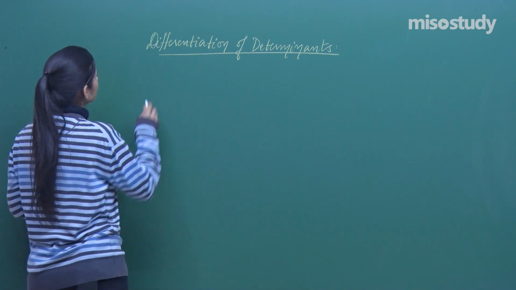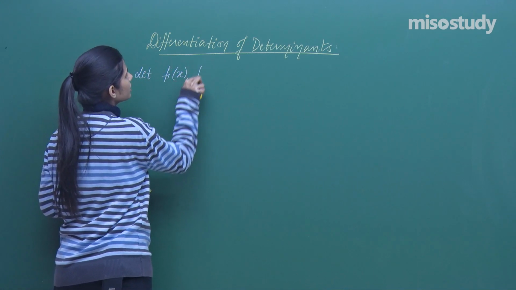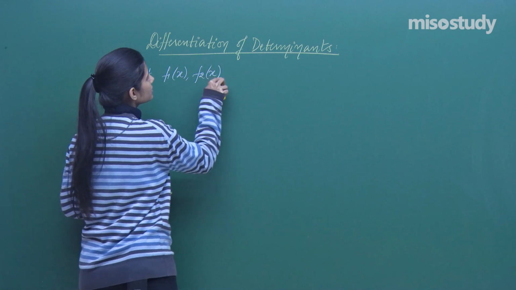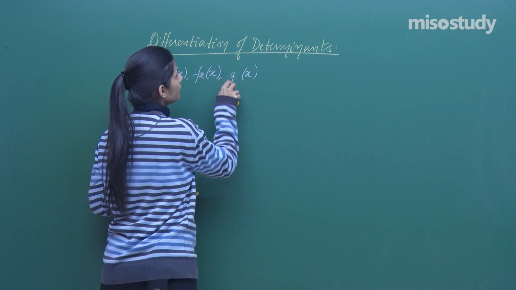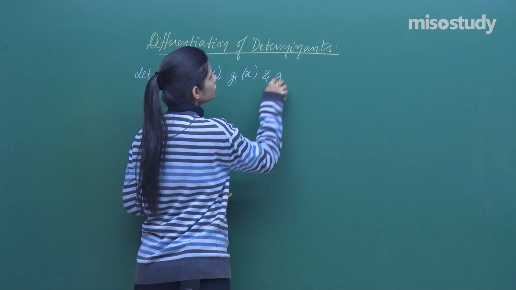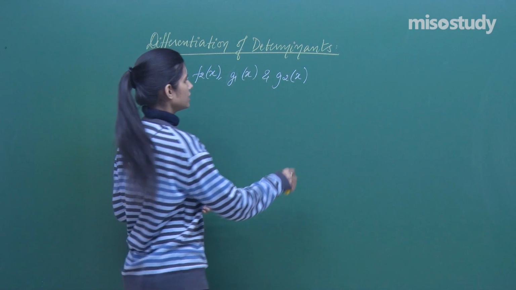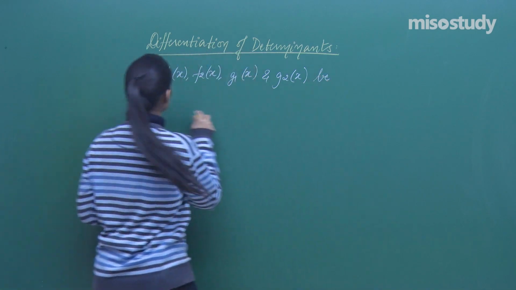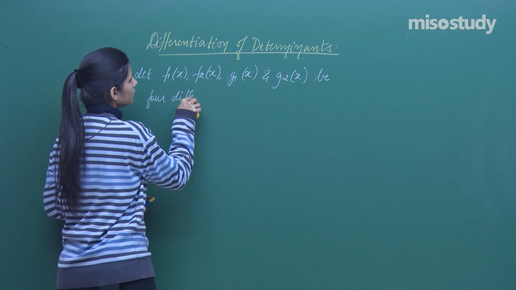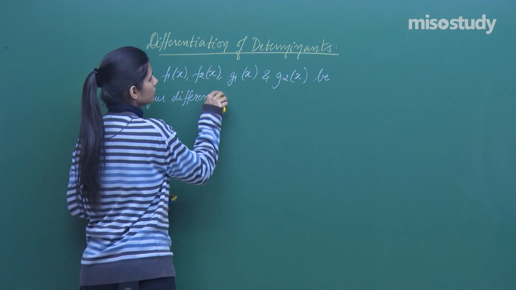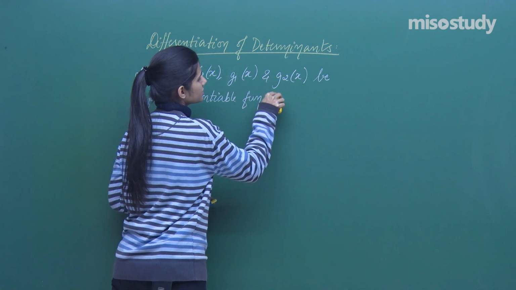So I am saying let f1, f2, g1, g2 be 4 differentiable functions of x.